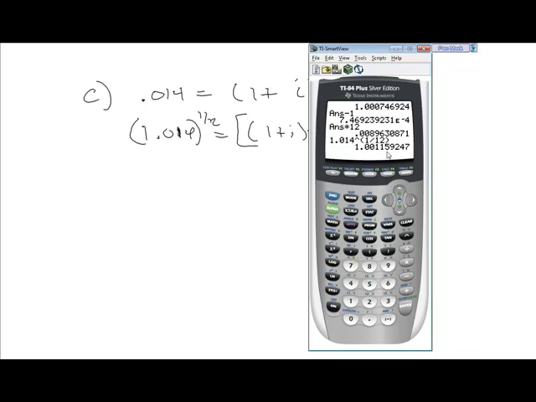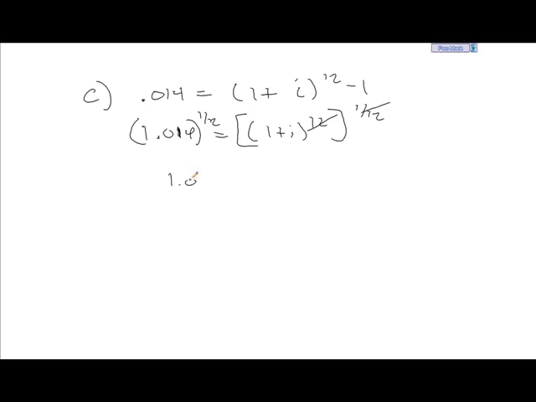and I get 1.001159. And that's equal to 1 plus i. So I've got to subtract 1, so that gives me 0.001159 equals i. And I need the nominal annual rate. This is the monthly again. And that's going to be 12 times that.